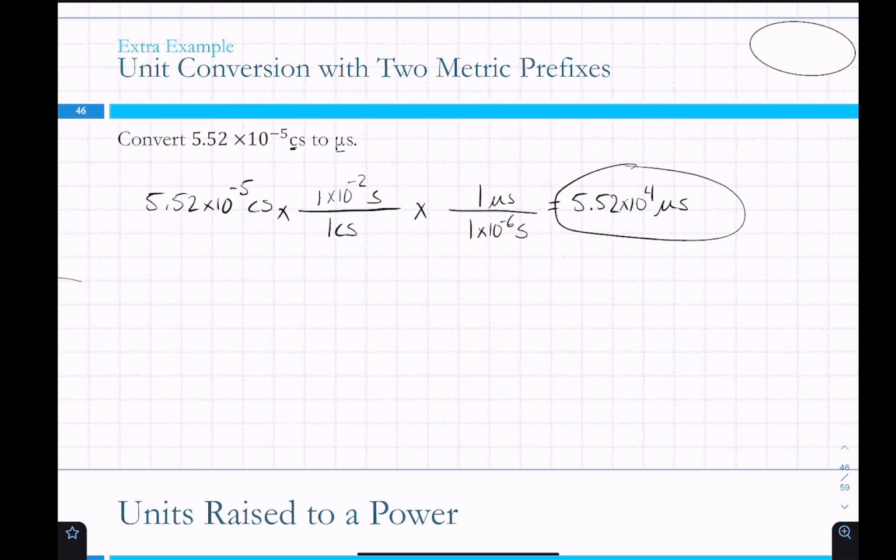So if 1 centisecond is 1 times 10 to the negative 2 seconds, and 1 microsecond is 1 times 10 to the negative 6 seconds, then a microsecond is a smaller unit than a centisecond. Because it's smaller, it's going to take more of them to make up the same amount of time in this case, because we're talking about seconds.